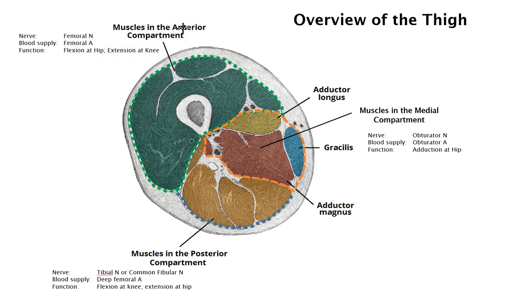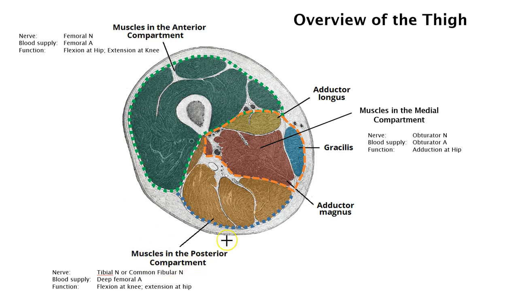Over in the medial compartment that we'll see today, the medial compartment is served primarily by the obturator nerve, although one muscle may also be innervated by the femoral nerve. The primary blood supply is the obturator artery, although it gets help from the femoral artery and another artery called the deep femoral artery. And its primary function is to adduct the hip, at least within the anatomic position.